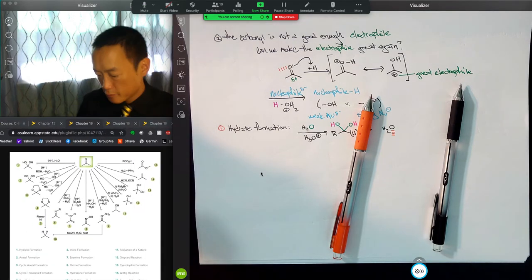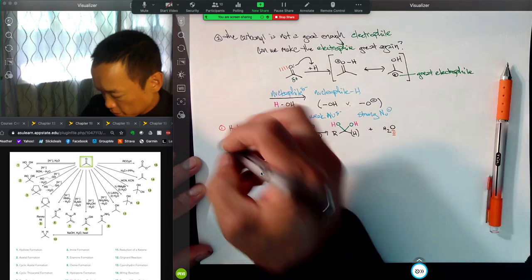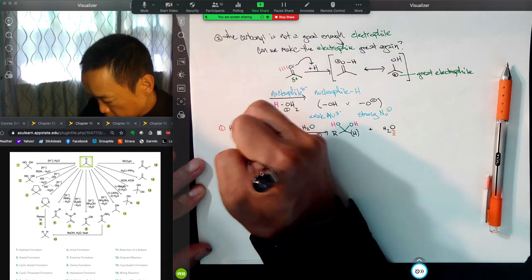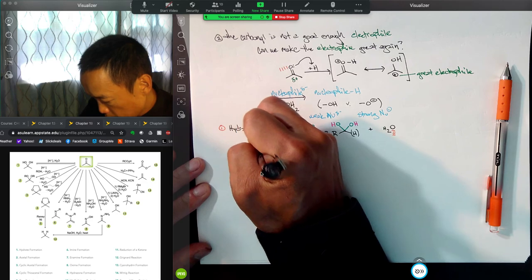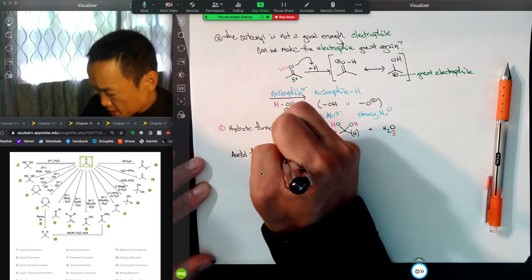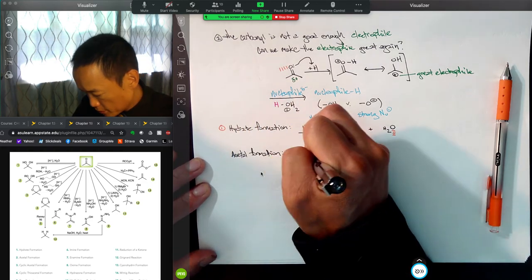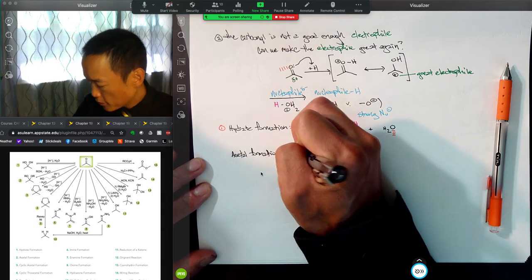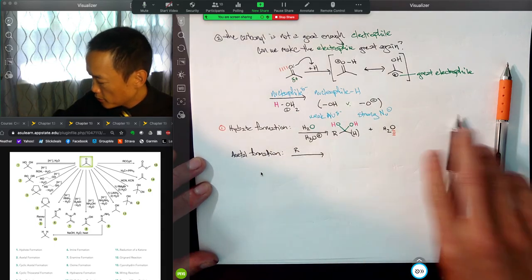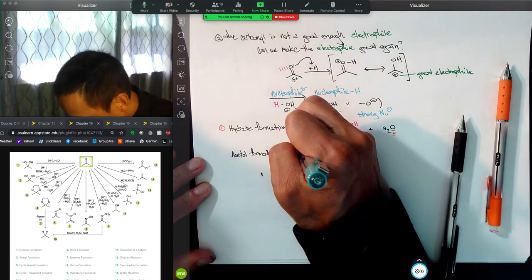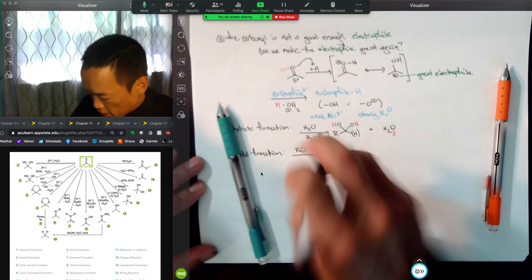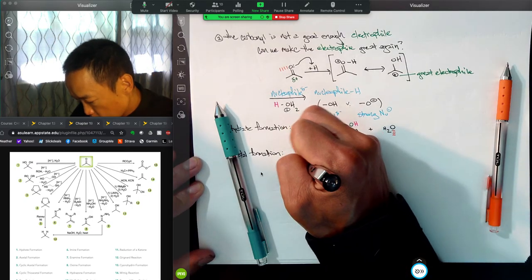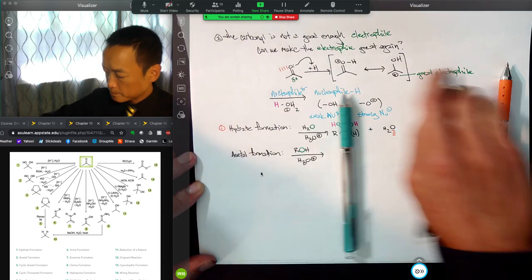Number 2. Acetal formation. R. I'm just going to write this oxygen in teal. OH in the presence of H3O plus. Number 2.